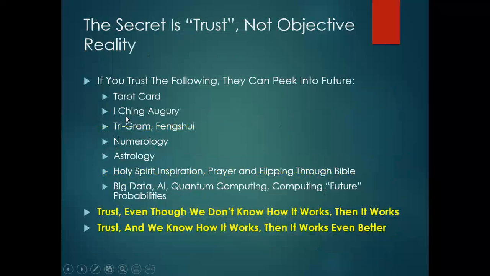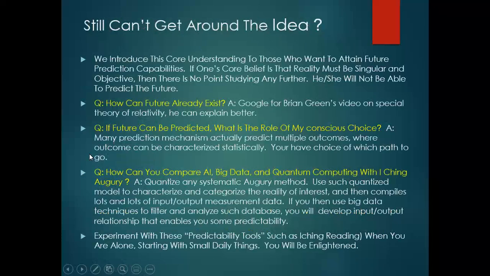And in fact, in our own research team, we quantize and statistically characterize I Ching's algorithm. I Ching's output can also be done that way. So you have a choice of which path to go, because there are multiple outcomes that really depend on your upcoming conscious choices.